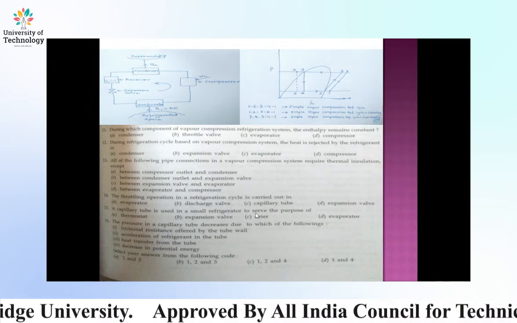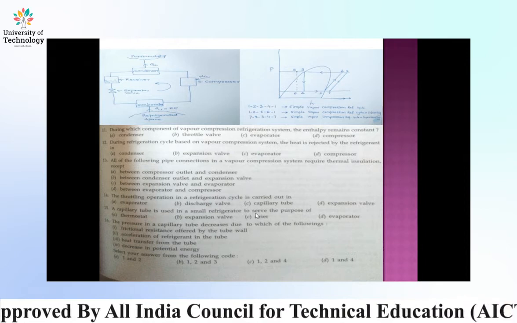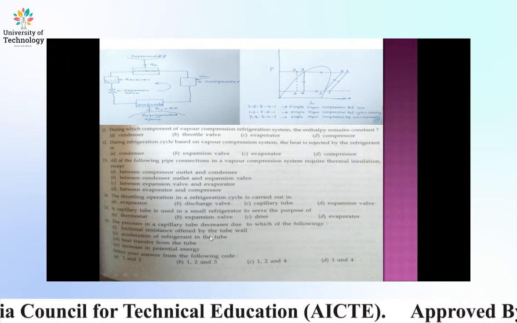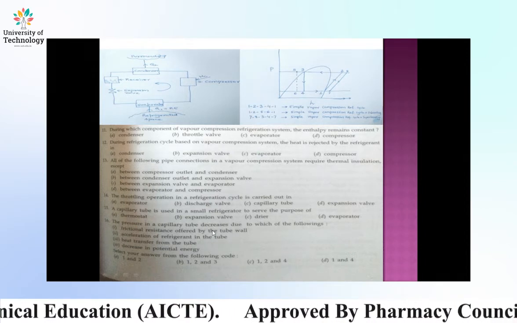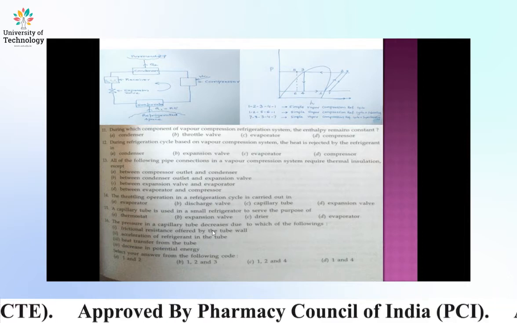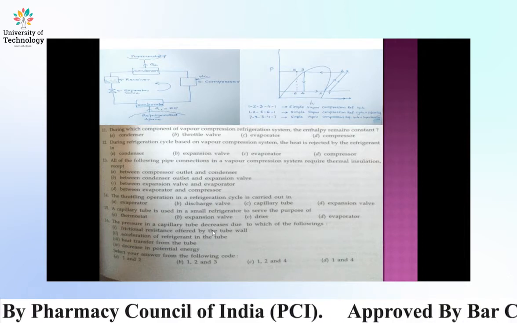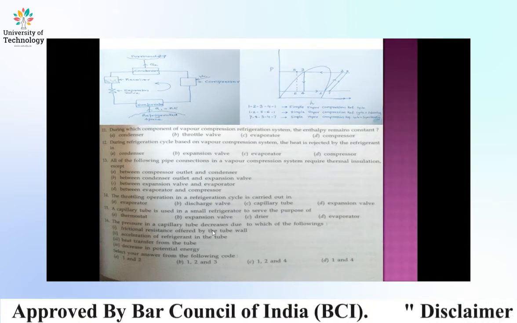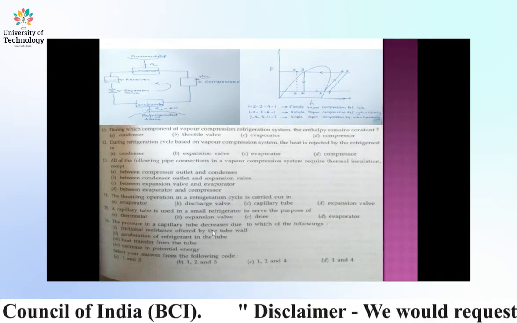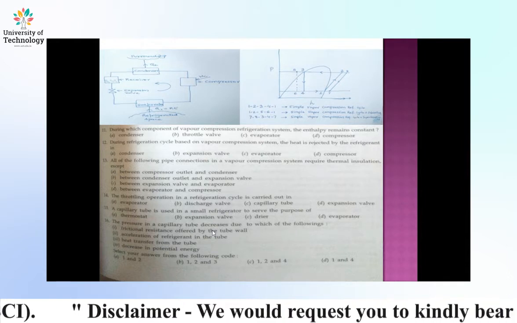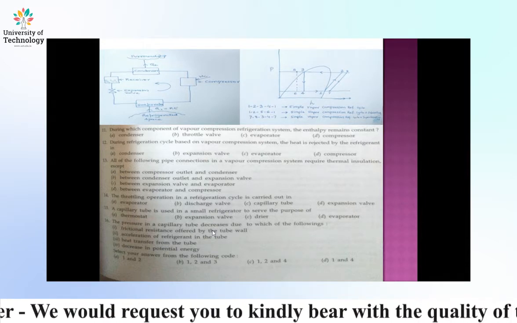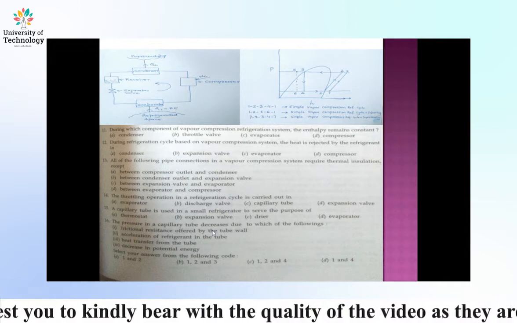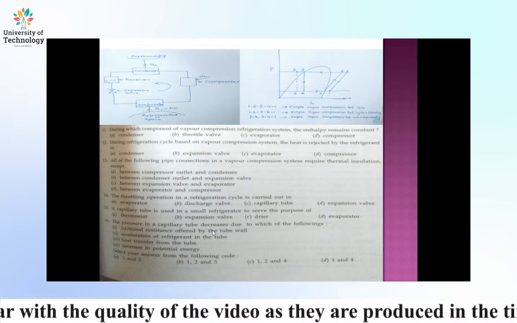Now question number 16. The pressure in capillary tube decreases due to which of the following? Option A, frictional resistance offered by the tube wall. Option B, acceleration of the refrigerant in the tube. Option C, heat transfer from the tube. Option D, decrease in the potential energy.